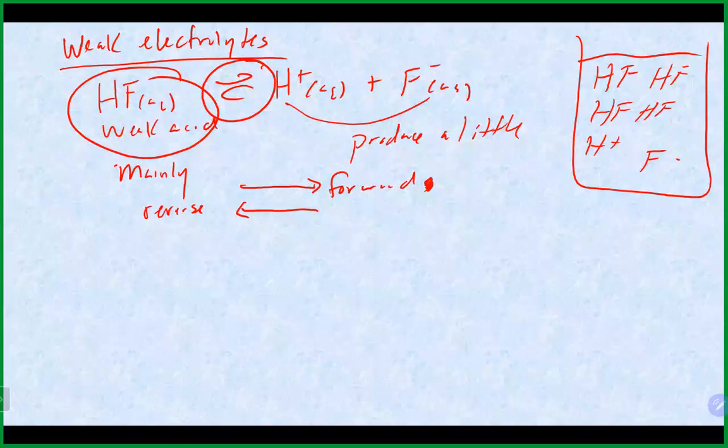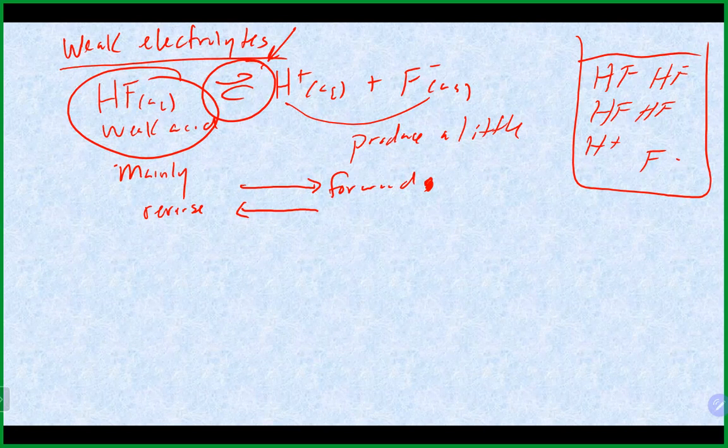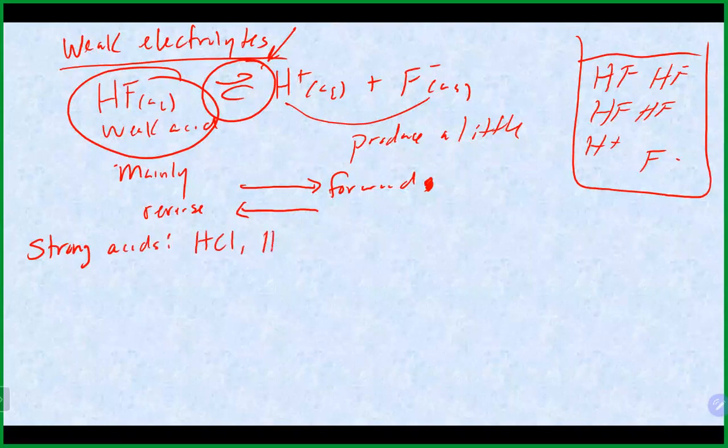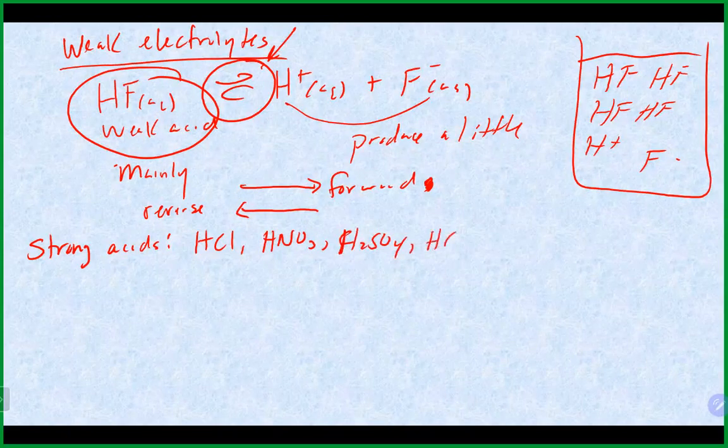Now, that is definitely one way that you can for sure recognize it. Outside of some of our strong acids, you can pretty much assume that most acids will be a weak acid. Some strong acids, which are strong electrolytes, are hydrochloric acid, nitric acid, sulfuric acid, perchloric acid, hydrobromic acid, and hydriodic acid.